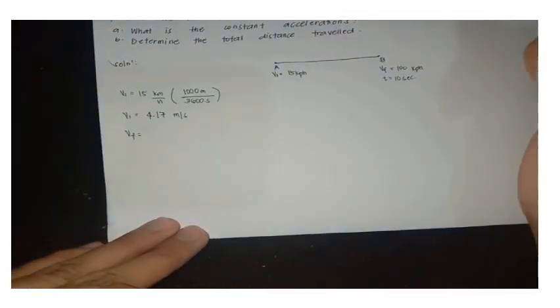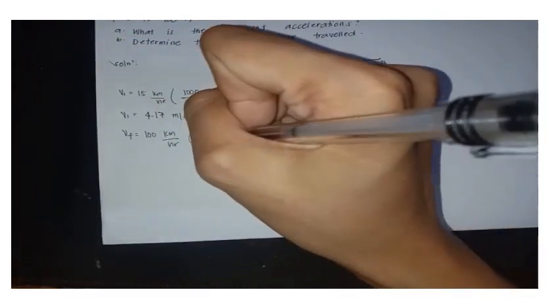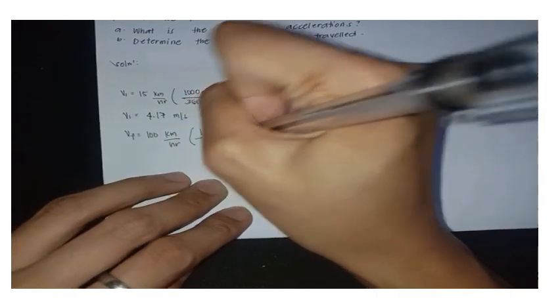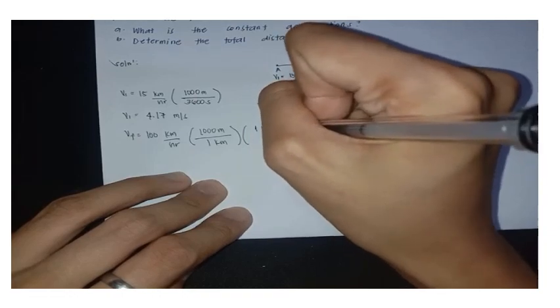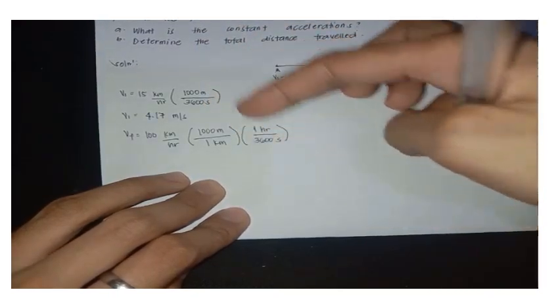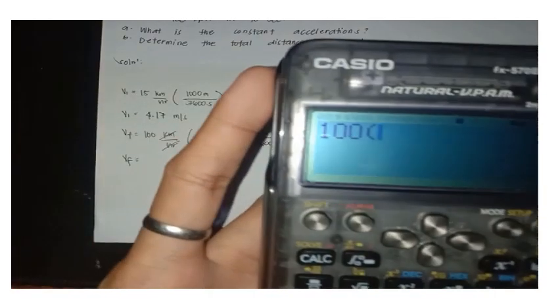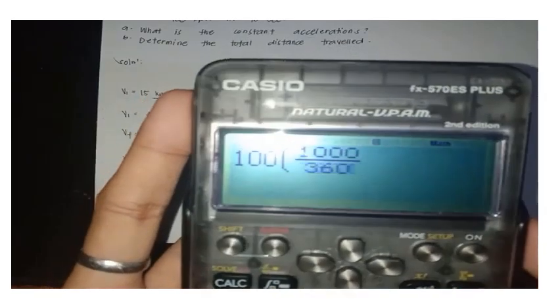Just like that, the final velocity, 100 km per hour, the same way, gives 27.78 meters per second.